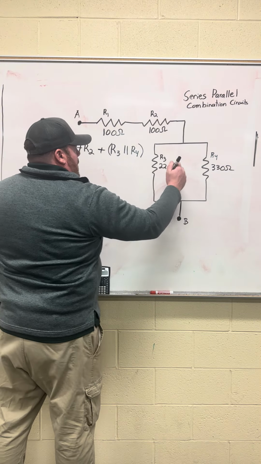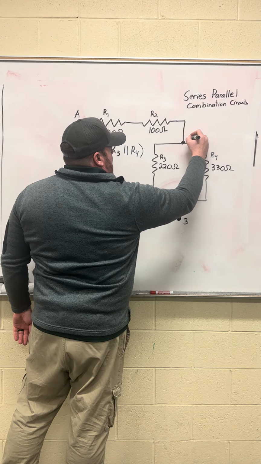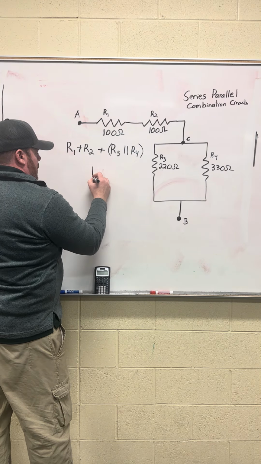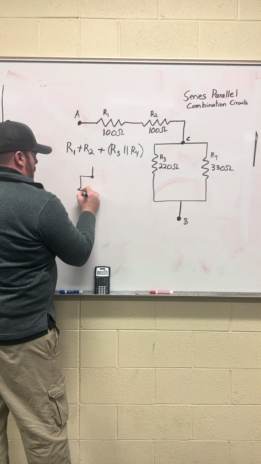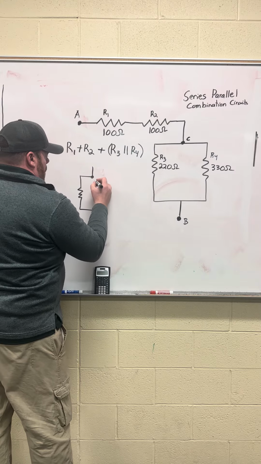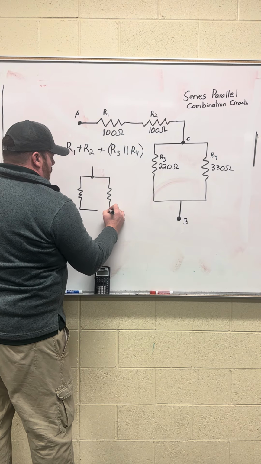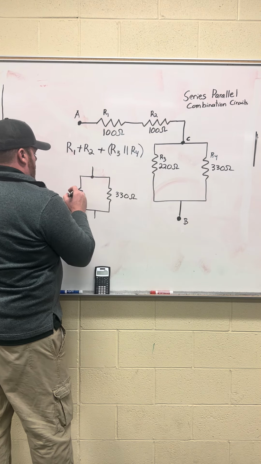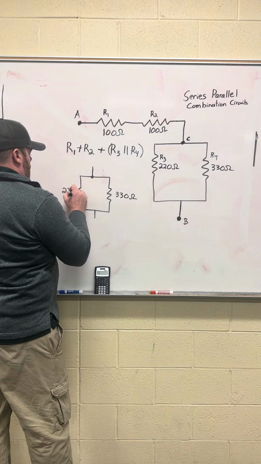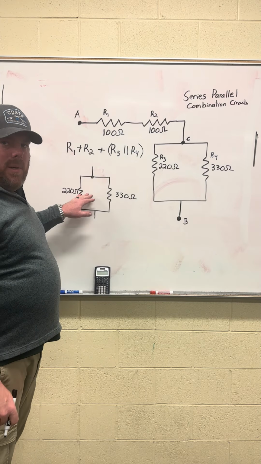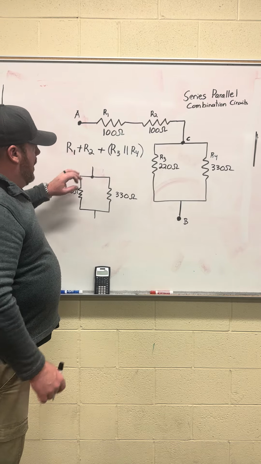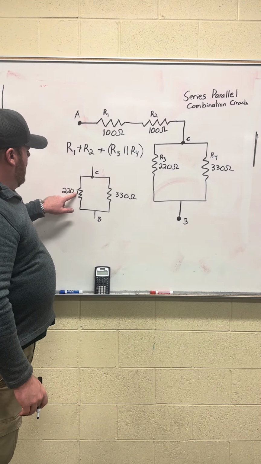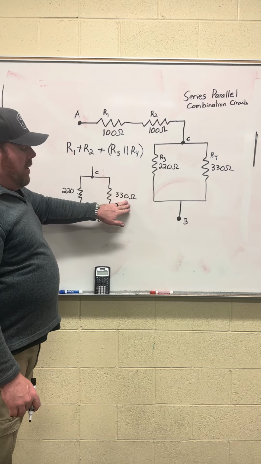Let's throw in a point C here and look between C and B. This should look familiar as a parallel circuit between nodes C and B with 220 ohms and 330 ohms.